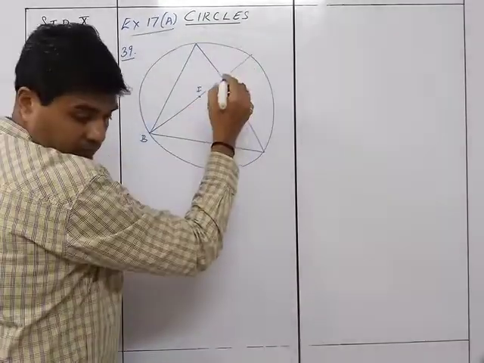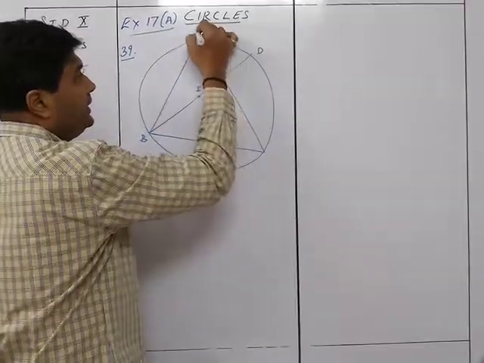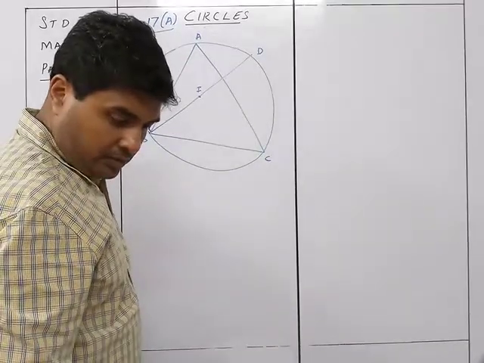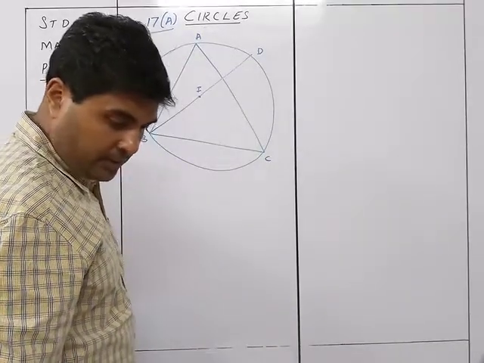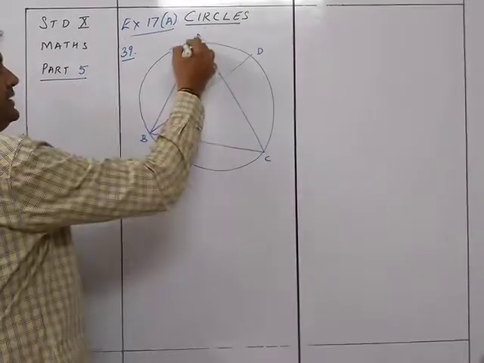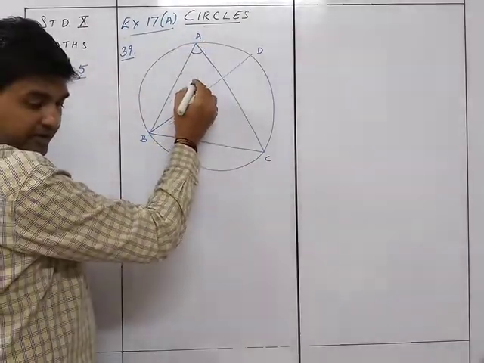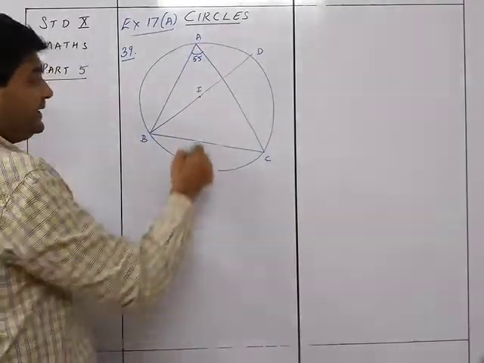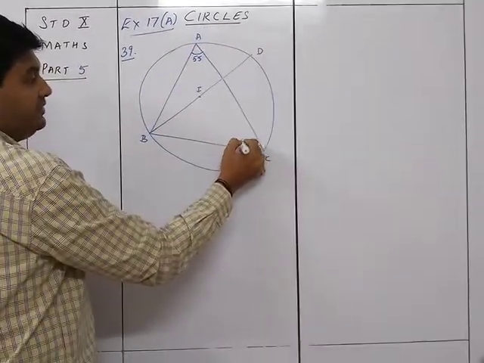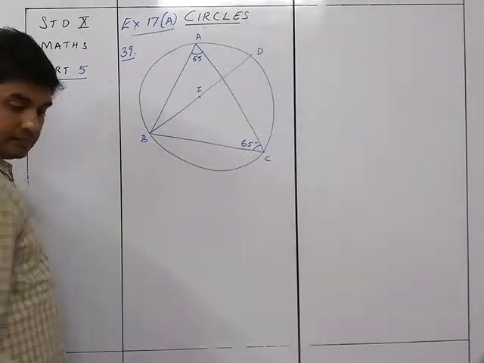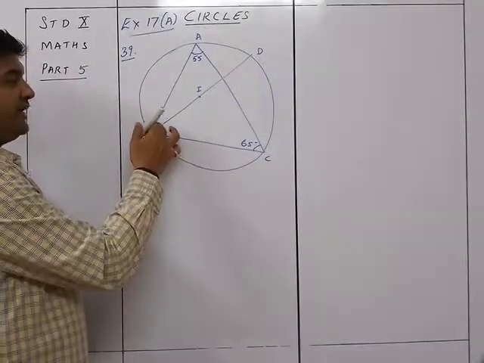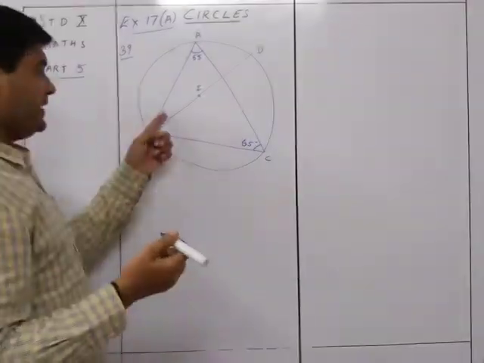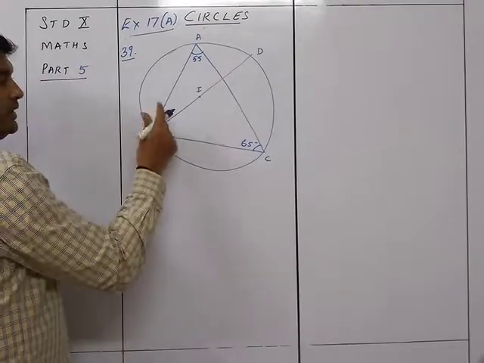B, D, A and C. Again the BAC, this angle over here is 55 degrees, and ACB is 65 degrees. So obviously we can find this out, and how is the in center formed? By angle bisectors, so its bisector will be formed. So over here we can see that.